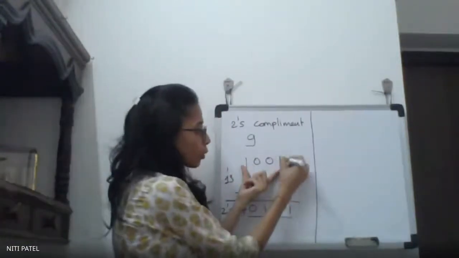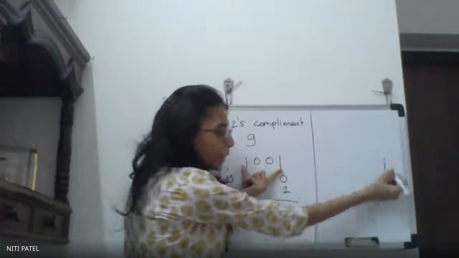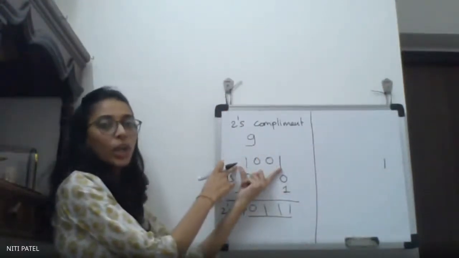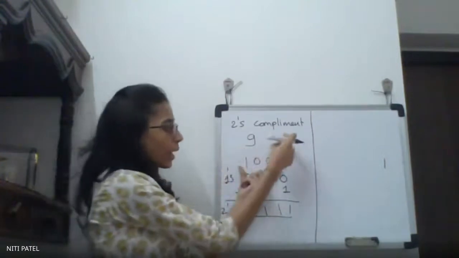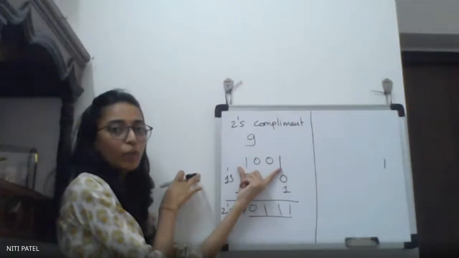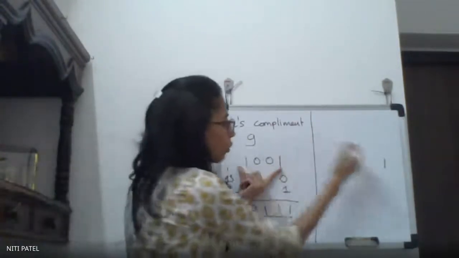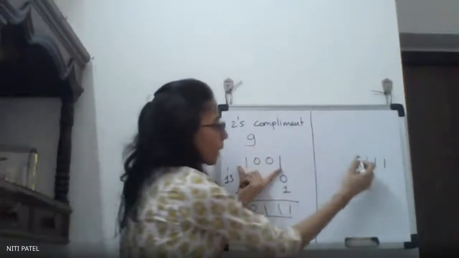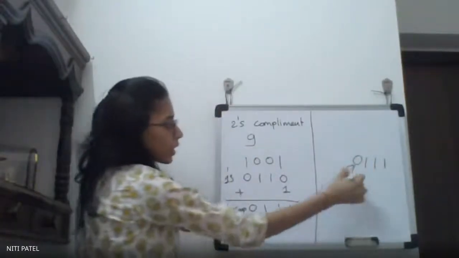If in the first position you have 1, you copy that 1 as it is. For all the remaining bits, you convert 0 to 1 and 1 to 0. That means for all the remaining bits, you make use of the 1's complement. So this 0 will become 1, this 0 will become 1, and this 1 will become 0. So are they both matching?